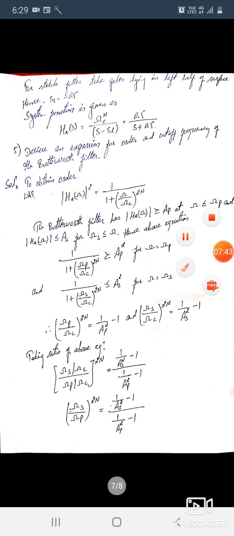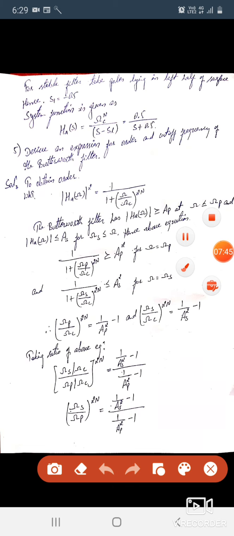Then substitute in this equation. Here what you have to choose? If you want a stable system, for that reason choose minus 0.5. System function is omega c power n divided by s minus s_l, that is equal to 0.5 divided by s plus 0.5.